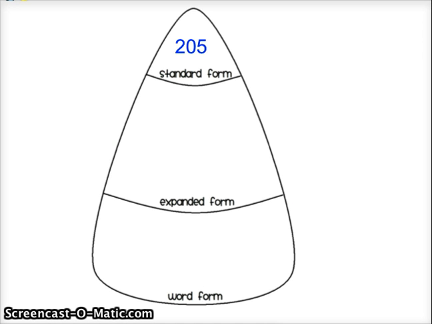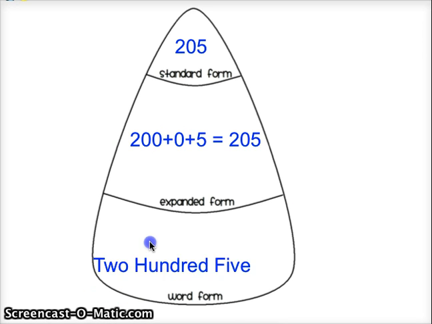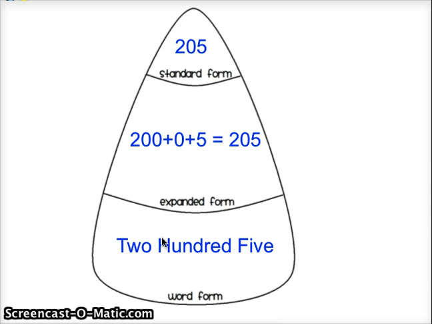I know that 205 doesn't mean a 2, a 0, and a 5. But it really means 200, 0 tens, 5 ones. And finally, word form is when we write it out using letters, not numbers.